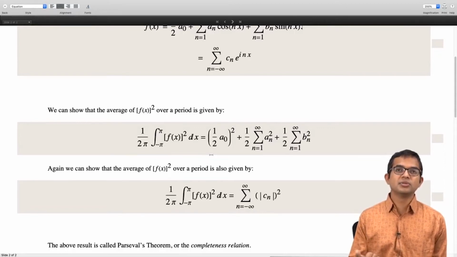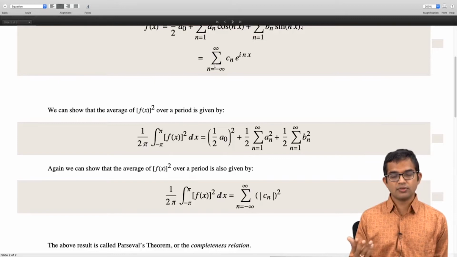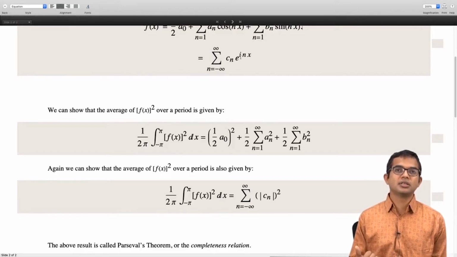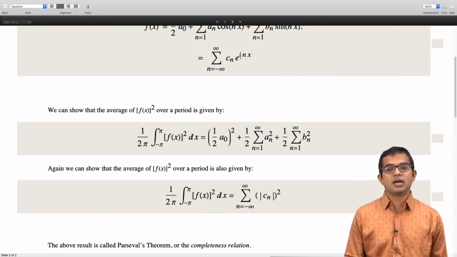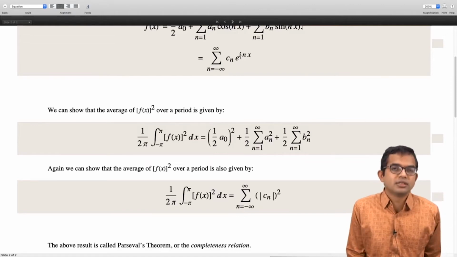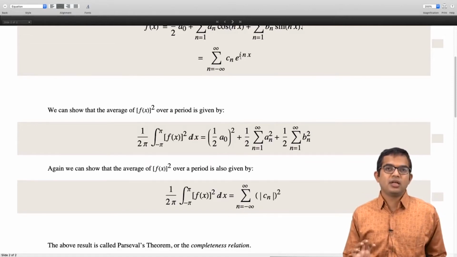Even if one of them is missing, it's not going to be possible for you to expand every vector in the space in terms of all these exponentials. So each of these basis vectors is an essential ingredient, the coefficient along each of these. And in fact that's what allows it to be called a basis.